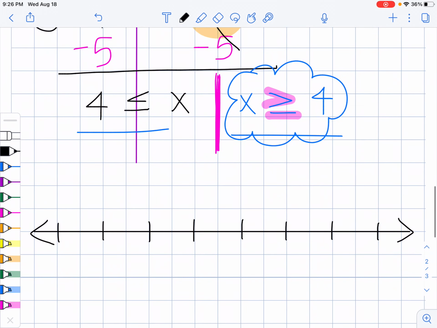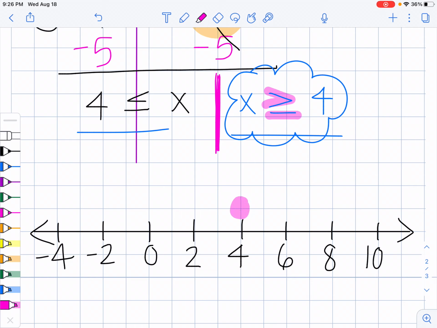And that means I'm going to have a closed dot. And I just have to put some numbers on my line. I'm going to put my 4 kind of somewhere in the middle. And this time I'm going to count by 2s: 4, 6, 8, 10, and 2, 0, -2, -4. Okay, and we already said we're going to have a closed dot above my 4, which will be here. And I have to determine which way I'm going to shade.